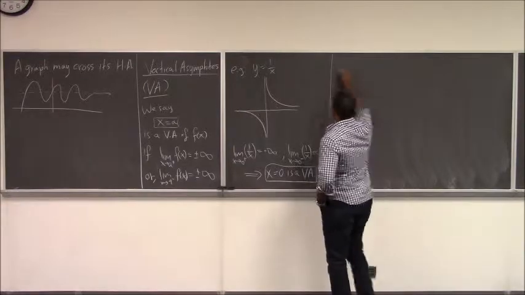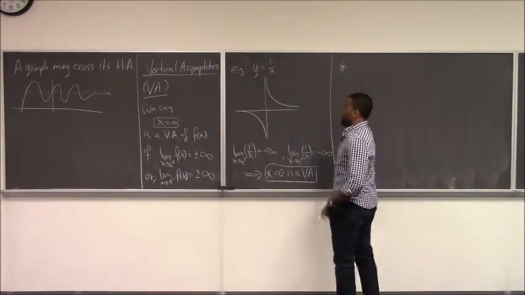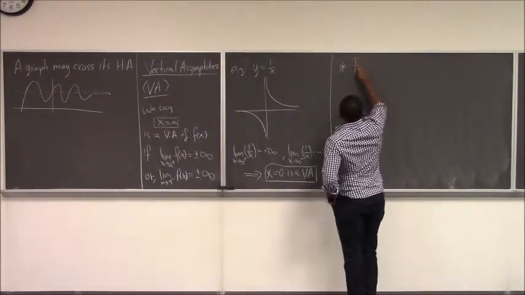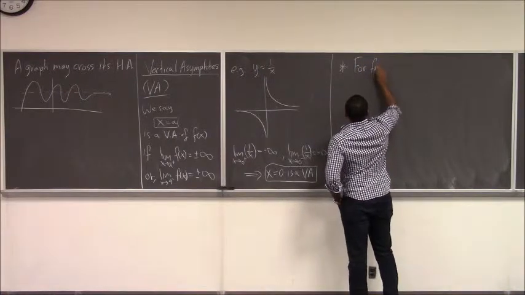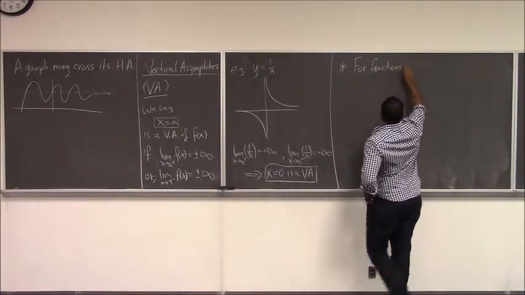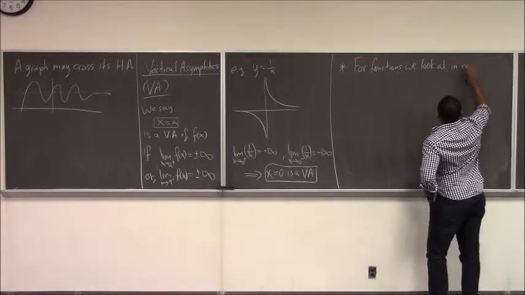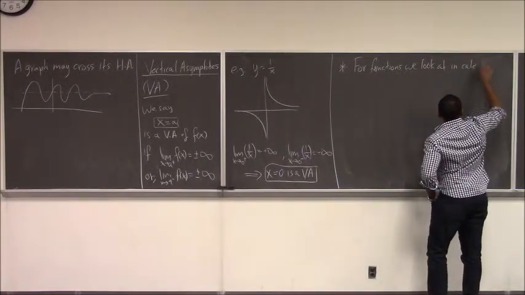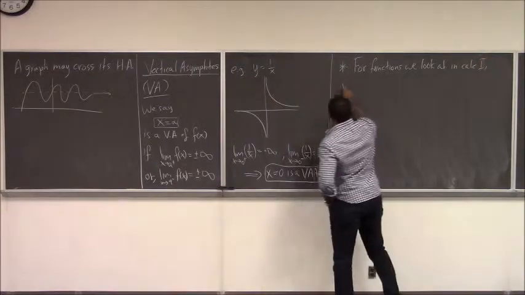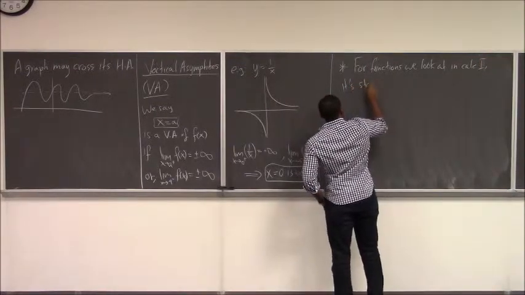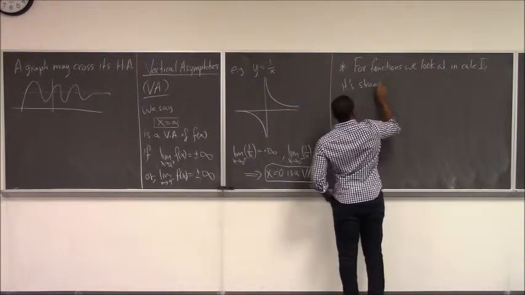Now, some notes on vertical asymptotes. For functions we look at in Calc 1, it's strange for a function to cross its vertical asymptote.